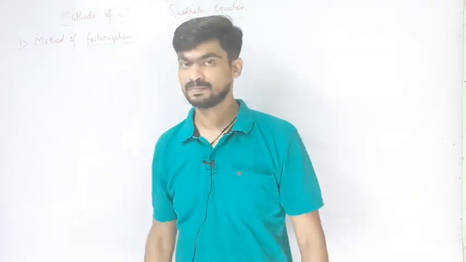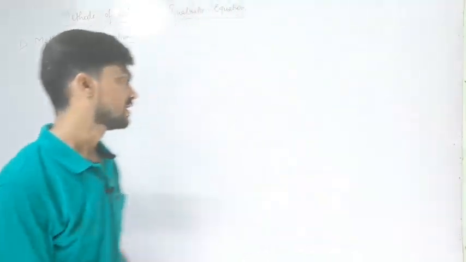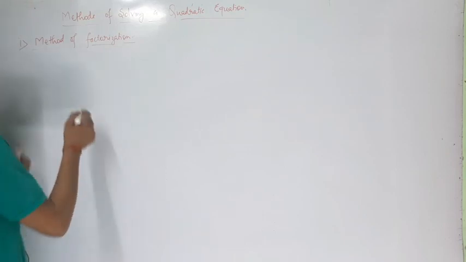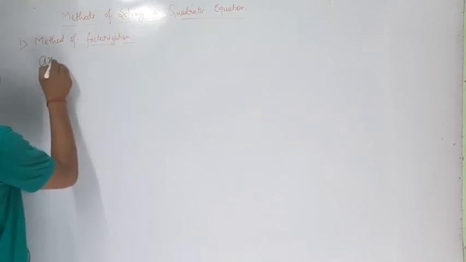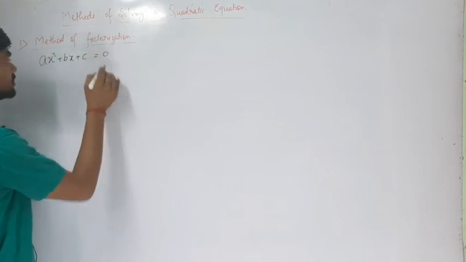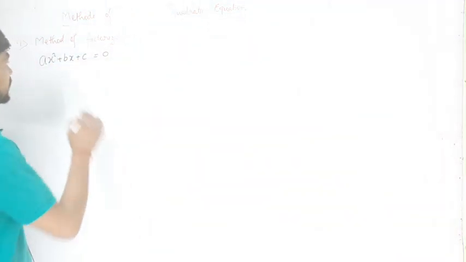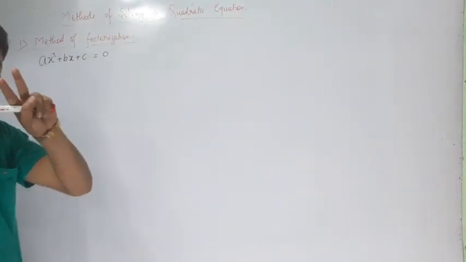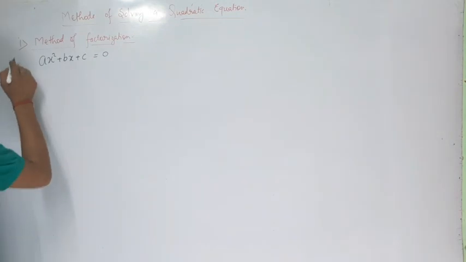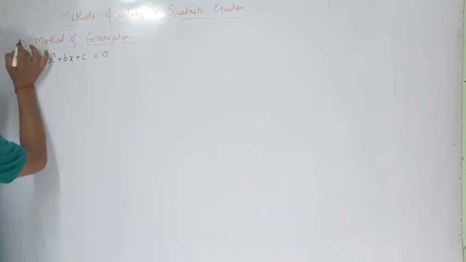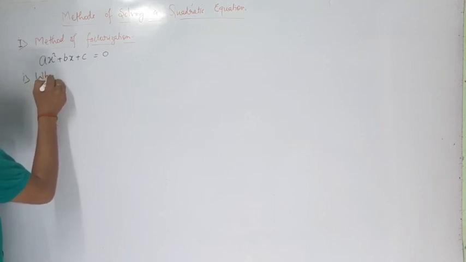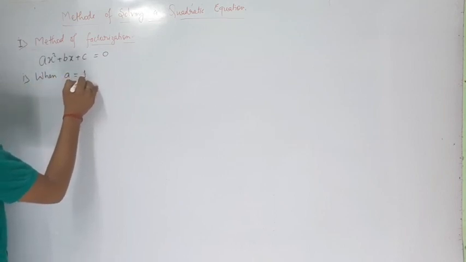What we will see in this method? Let us see. We will be given equations in the form ax square plus bx plus c equals 0. Now here we will see two forms, two types. I shall explain you everything. First, when a is equal to 1.